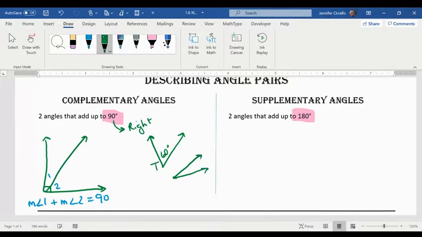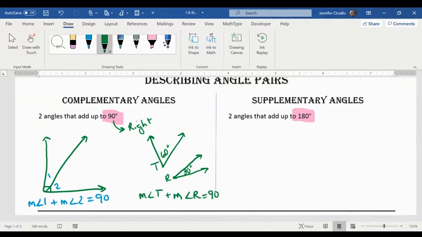And this one is angle R. This is 30 degrees. 60 plus 30 is 90. So even though they're not touching or anything, they would be complementary. So the measure of angle T plus the measure of angle R equals 90.